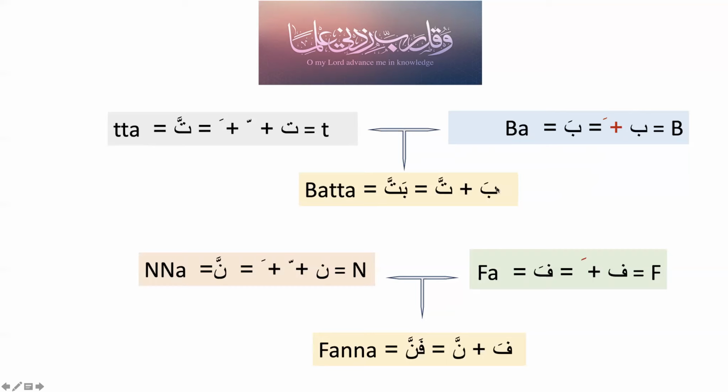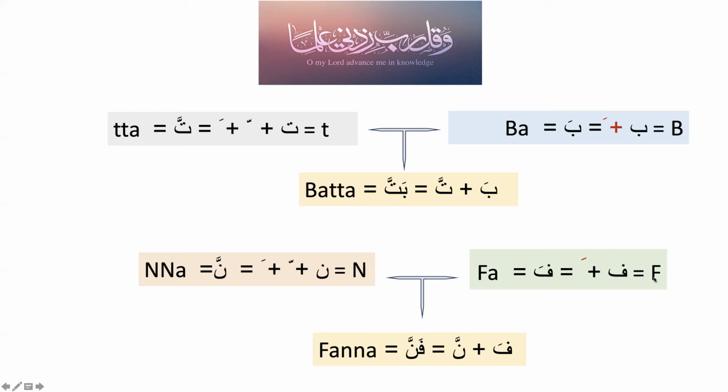When we want to join both of them together, the B plus ta, we stick them together. To read, we just need to follow the order of the sounds produced from right to left. So here we have ba, ta, ba, ta.